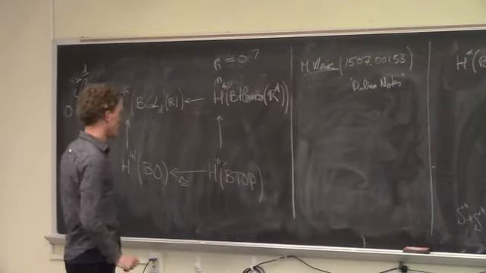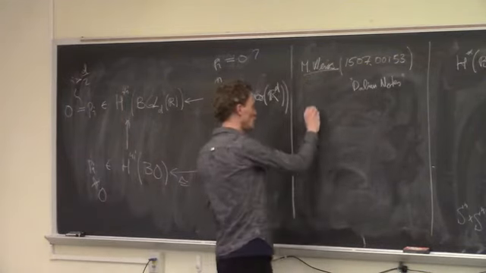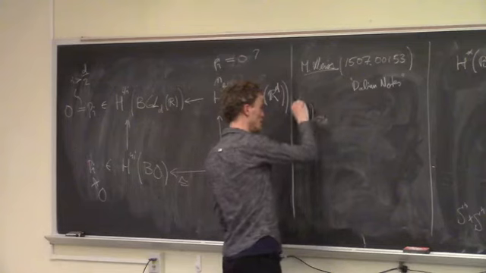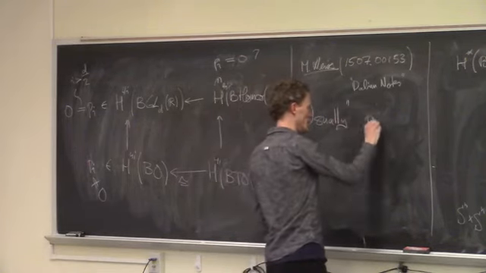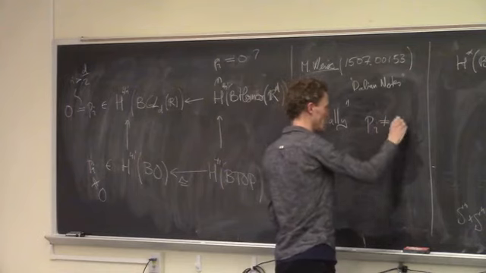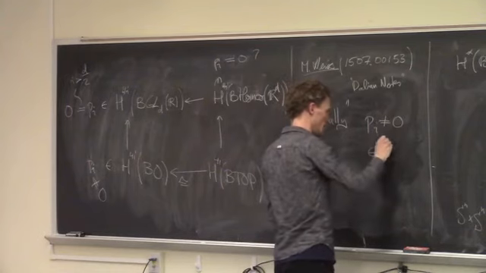So his theorem is that usually the Pontryagin classes are not zero. All right.